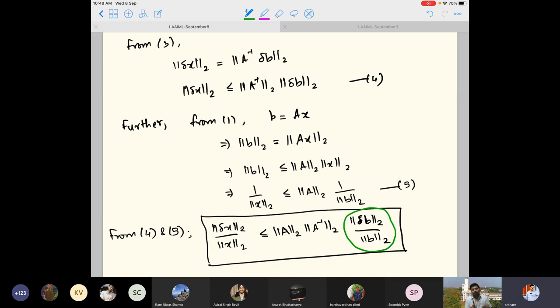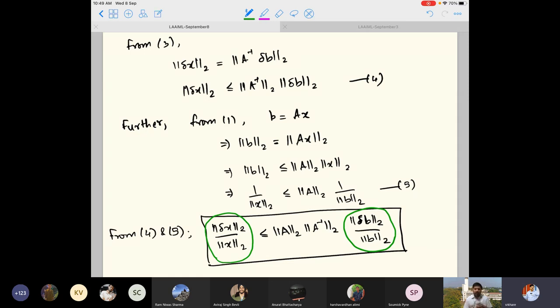It is much better to talk in terms of relative perturbation than the exact value of the perturbation. On the left hand side, I am asking what relative perturbation I get in x because of delta B. Delta x is the perturbation in x because B is perturbed to B plus delta B. Do you all agree?